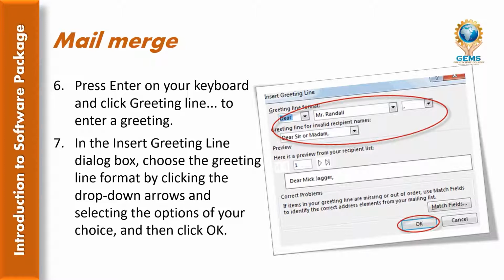There are different greeting line formats, and there is a greeting line recipient name also, with sample recipient names. You can select the options of your choice and finally click OK.